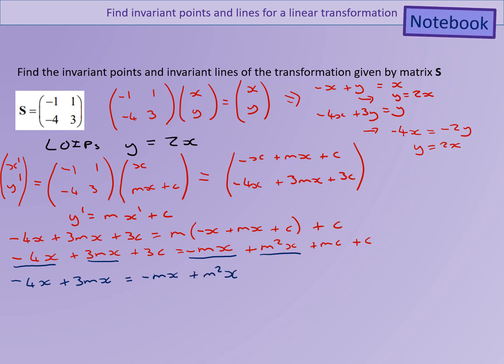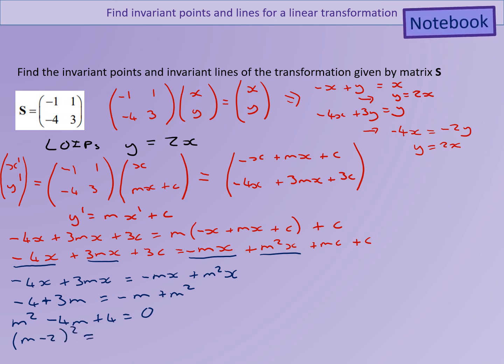Cancelling out the x's gives us minus 4 plus 3m equals minus m plus m squared, or m squared minus 4m plus 4 equals 0. That will factorise. That is actually m minus 2 squared, leading us just to m equals 2. So we can see that the only gradient we've actually got there is m equals 2.